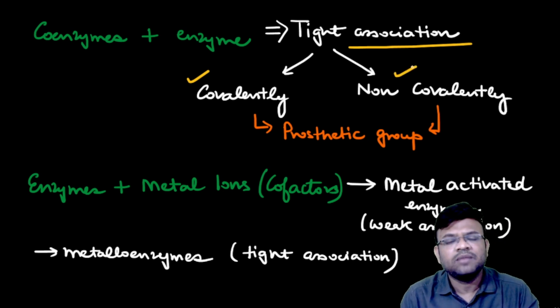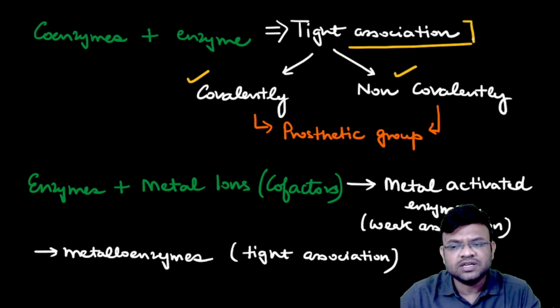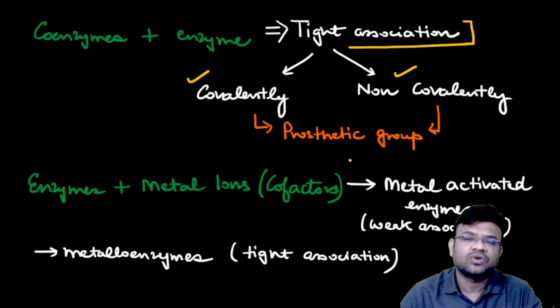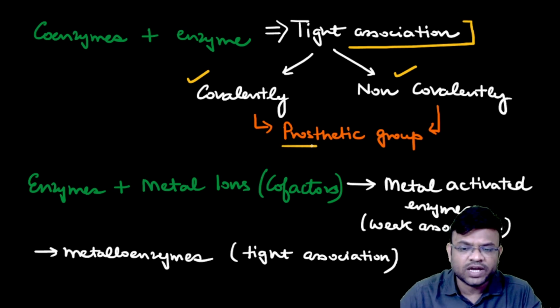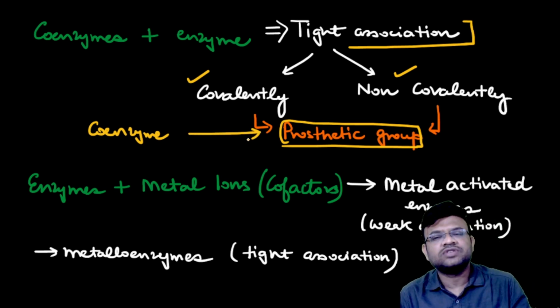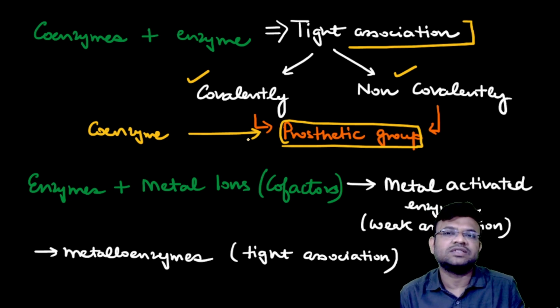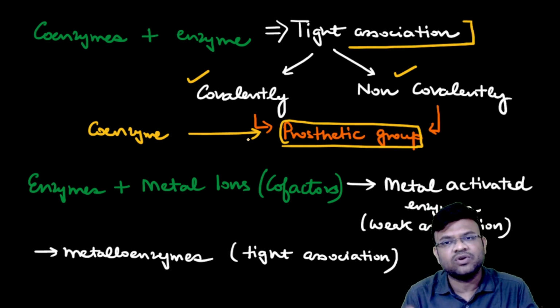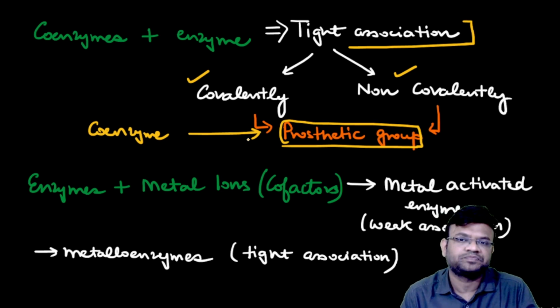In both cases, if the association is tight, remember that the coenzyme will be referred to as a prosthetic group. When will you call a coenzyme a prosthetic group? When there is a tight association between coenzyme and the enzyme. Then you will call it a prosthetic group.